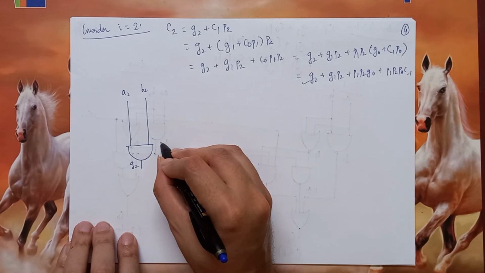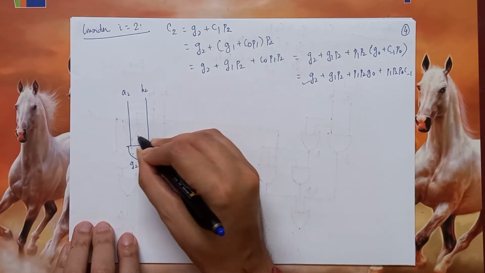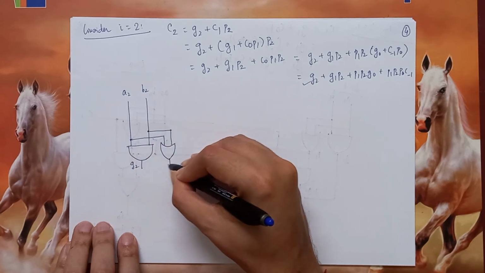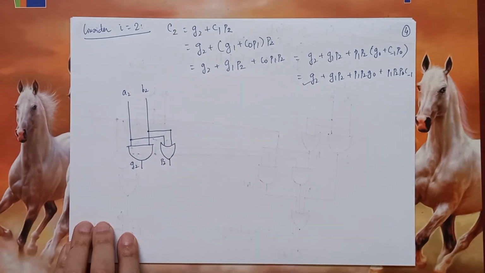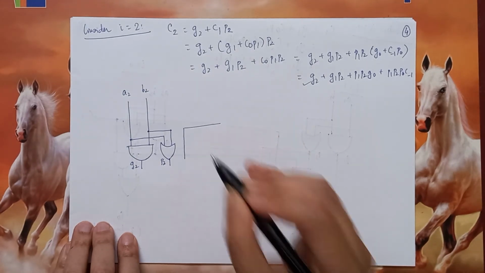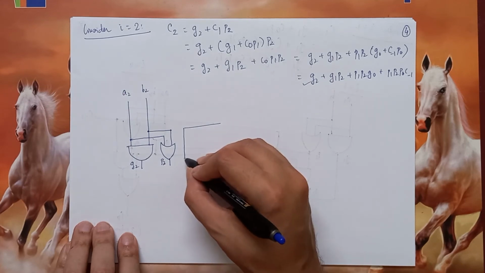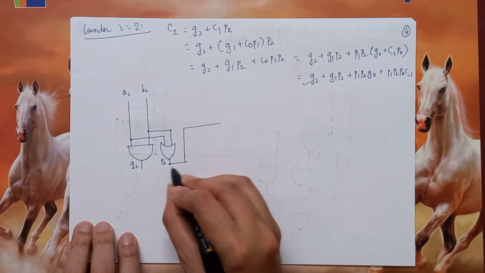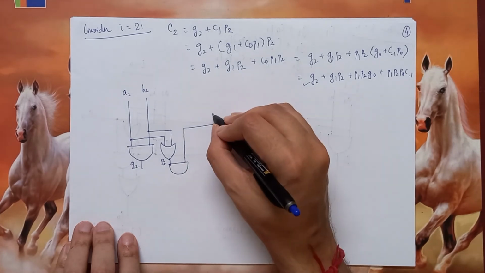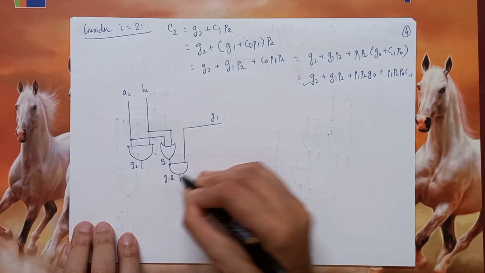Again we have one OR gate for A2 and B2, which is P2. And the G1 from the previous stage will come. And this is G1 P2.